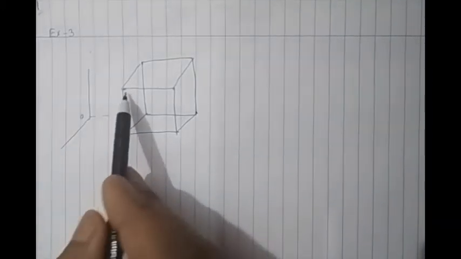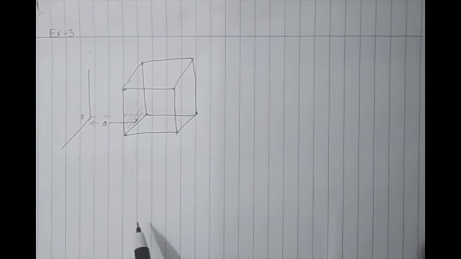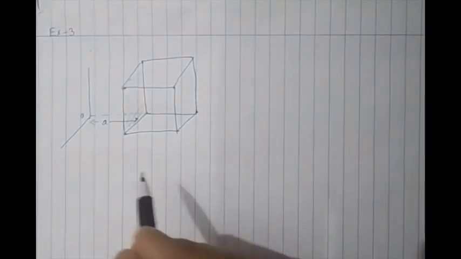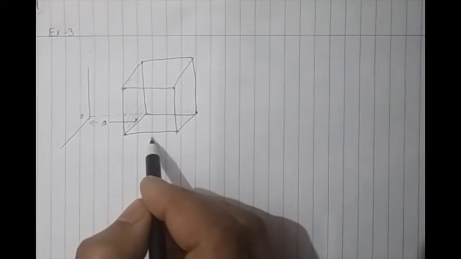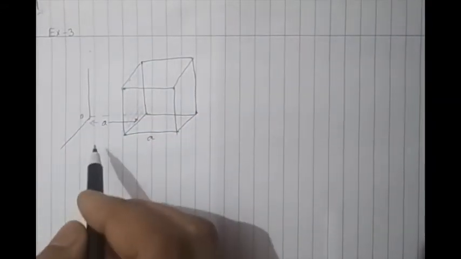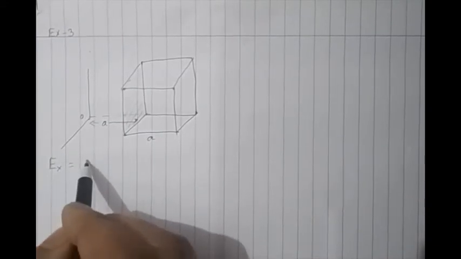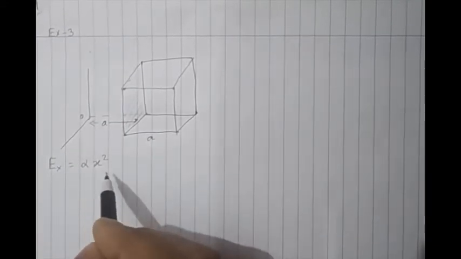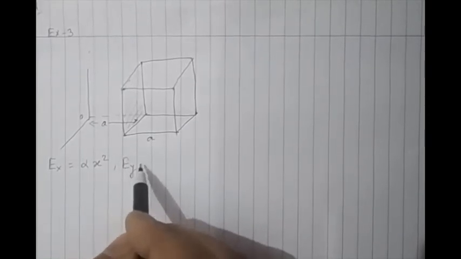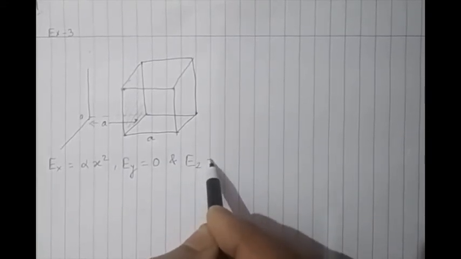And this face of the cube is at a distance from the origin. This is distance A. And the side of the cube is also A. The electric field in the region is given by Ex is equal to alpha x square, Ey is equal to 0 and Ez is equal to 0.